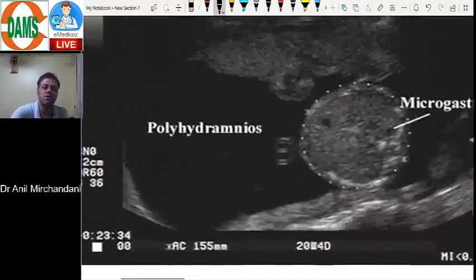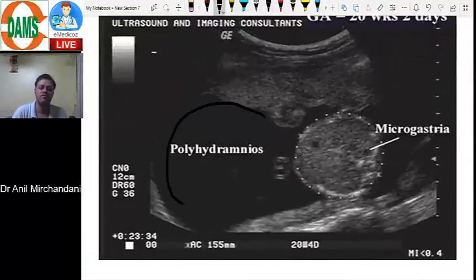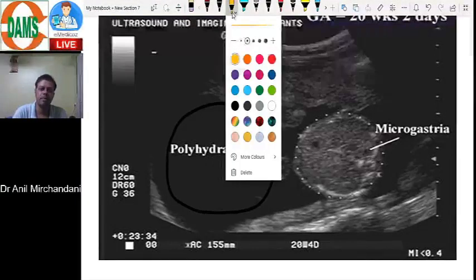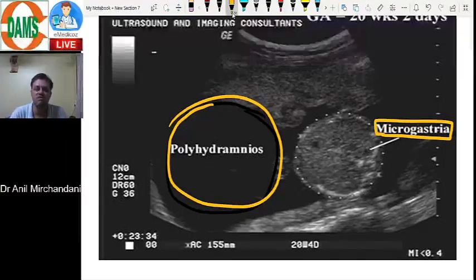That's why there will be polyhydramnios. Okay, so look at this picture. Huge amount of amniotic fluid is there. Polyhydramniotic sac is there. Fluid everywhere, and the stomach is small, microgastria. This is a picture where the stomach is small, as seen in esophageal atresia.